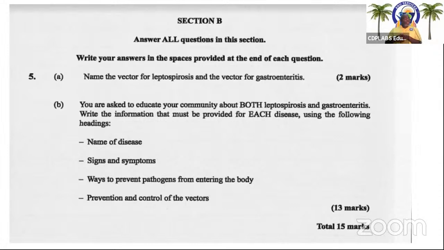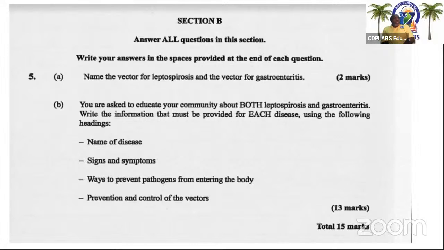Now, a lot of persons like to say, sir, you're not in a past paper exam. But how do we use a past paper? You can use a past paper to study, but it's how you use it.